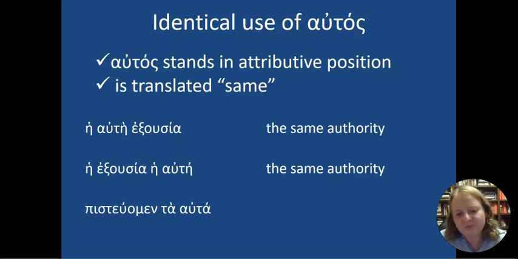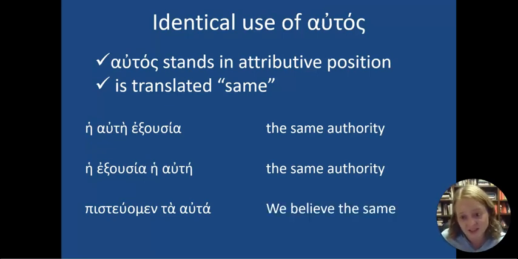Πιστεύομεν τὰ αὐτά. Here τὰ αὐτά is just by itself, and so it's like, we believe the same things. The identical use is emphasized by the definite article coming right before it, and so it can be translated as same.